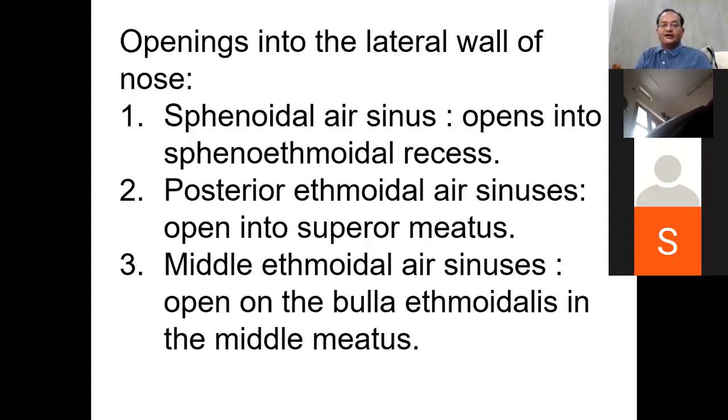Superior meatus is the space present beneath the superior nasal concha. Middle ethmoidal air sinuses open on the bulla ethmoidalis in the middle meatus, which is present below. Middle meatus is the space beneath the middle concha. So these are 3: sphenoidal air sinus, middle ethmoidal air sinus, posterior ethmoidal air sinus.